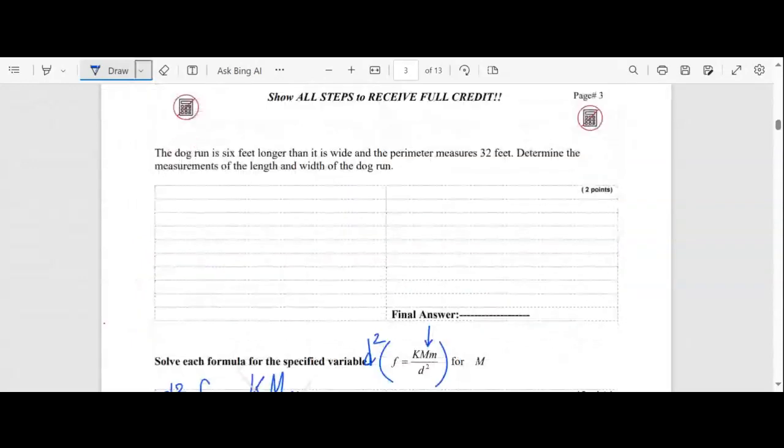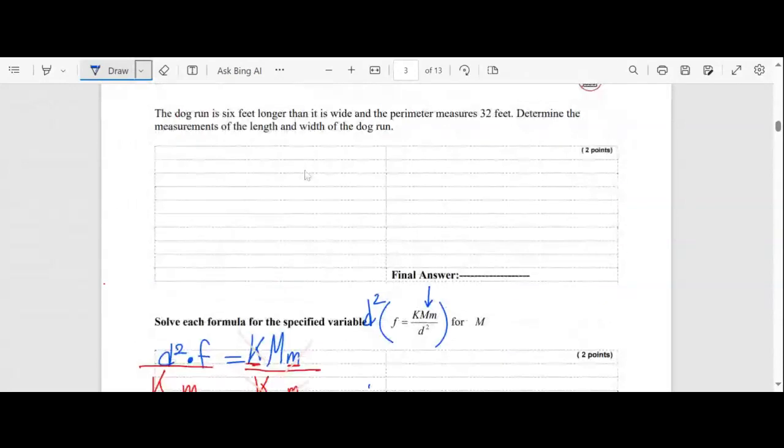A dog run is 6 feet longer than its width, and the perimeter measured 32 feet. Determine the measurement of the length and the width of the dog run. So you have a shape. This shape, the perimeter is how much? 32.